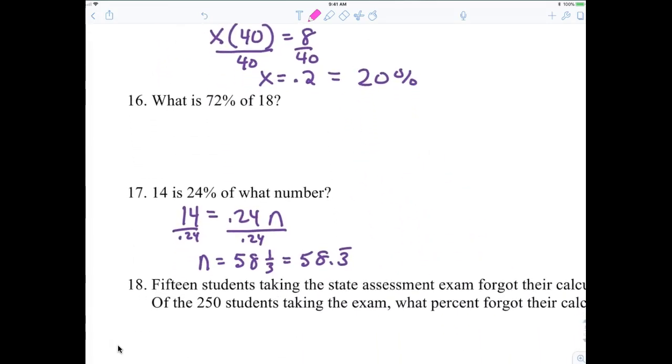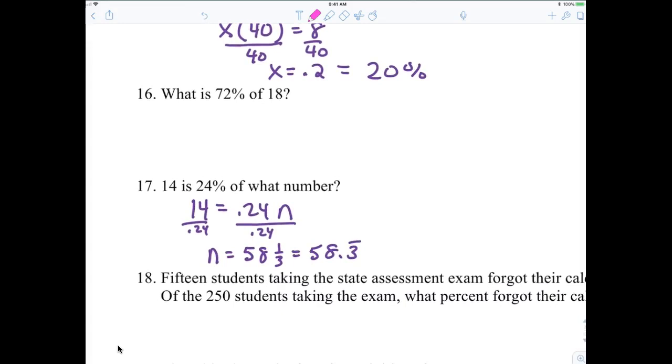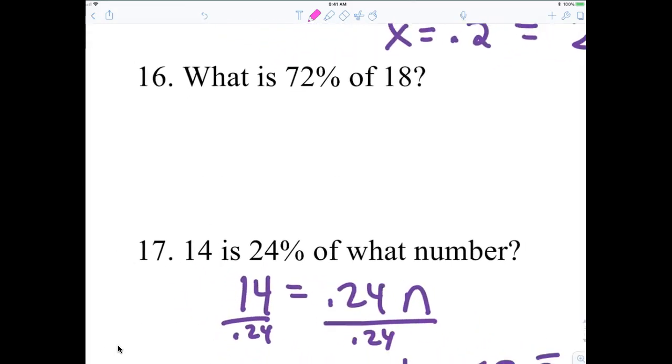Let's check out 16. Allison, what am I doing on 16? What am I multiplying? 18 times 72?